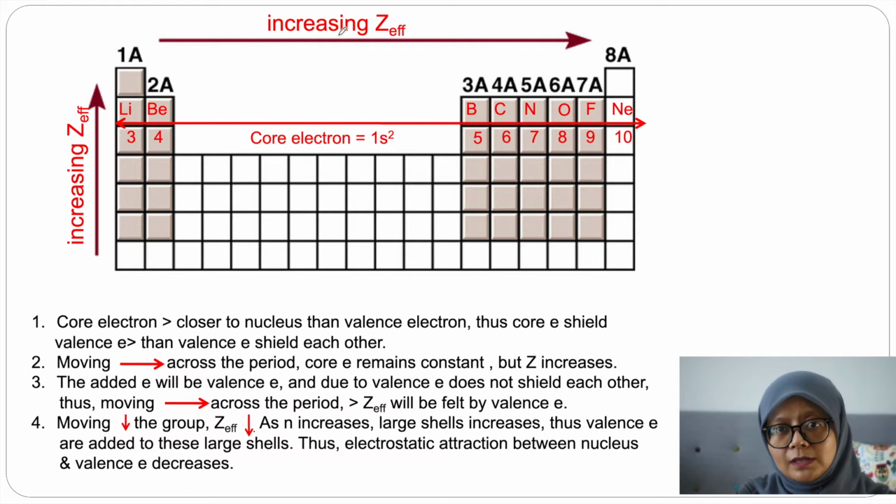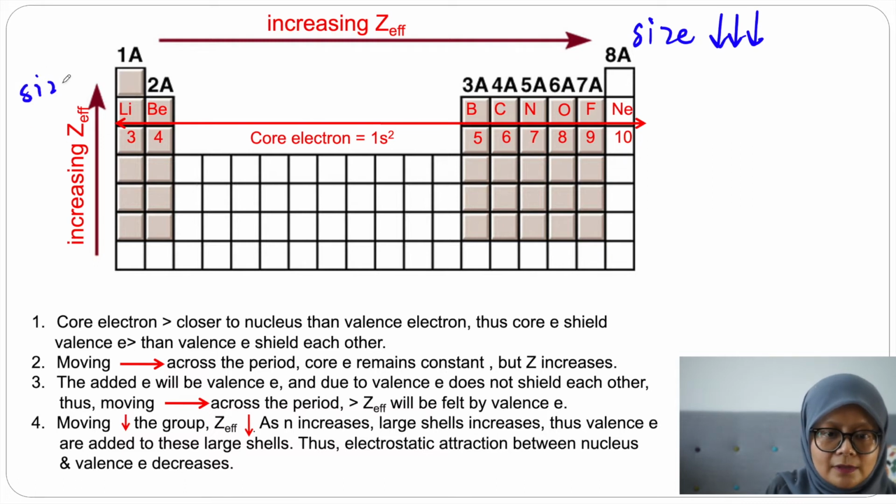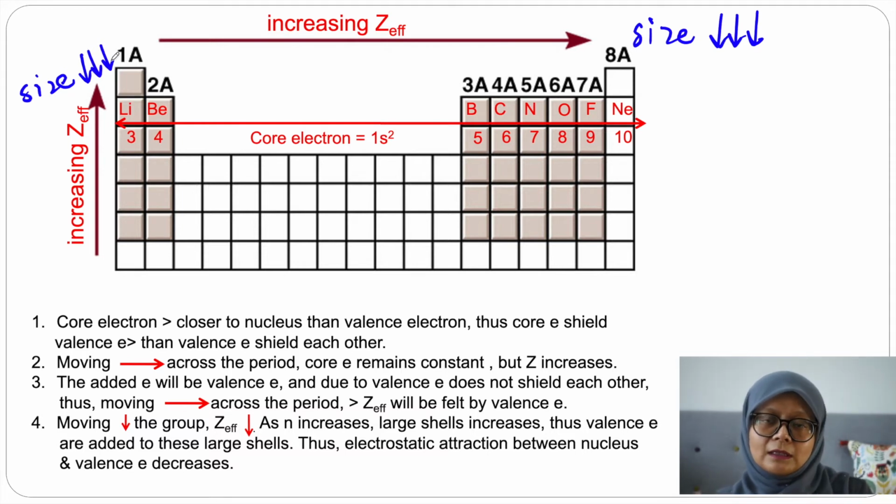We have an increasing Z effective, as I have explained before, and from the bottom to the top of the group we also have an increasing Z effective, because from bottom to top we have a decreasing size of the atom. So the size becomes smaller, and here also we have a small size. So the Z effective is actually related to the size of atoms in the periodic table.